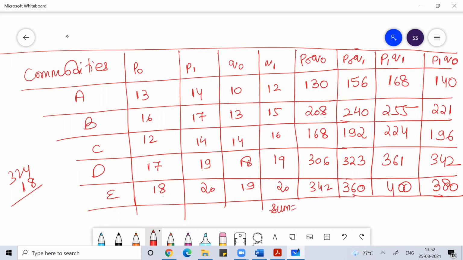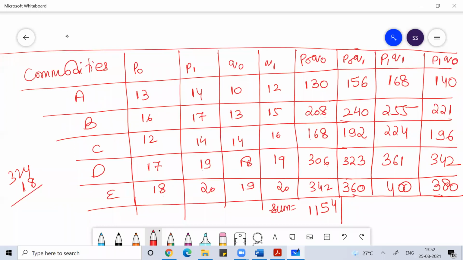Now adding the columns: 8, 16, 22, 24, 2 carry, 5, 11, 15, 1 carry, 2, 4, 5 plus 6, 11, so 1, 1, 5, 4.